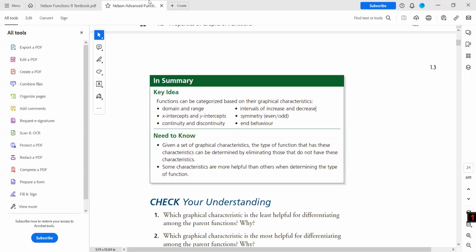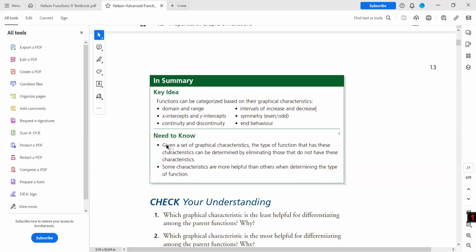Remember, odd functions are symmetrical over the origin, and even functions are symmetrical over the y-axis. And at the very end, we look at the end behavior, whether the function travels to positive infinity or negative infinity at the ends of its range.